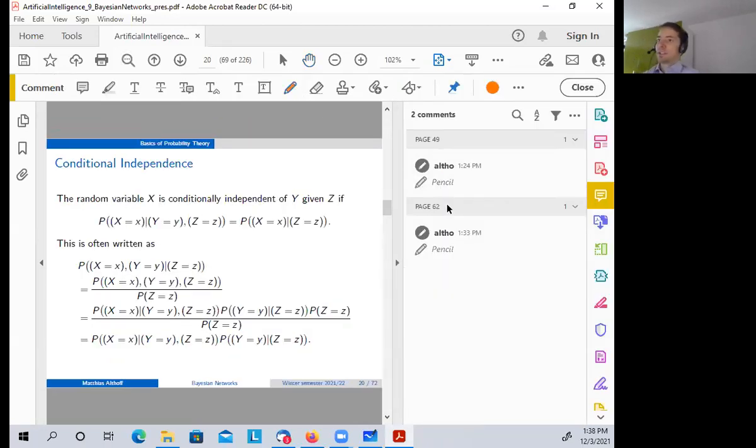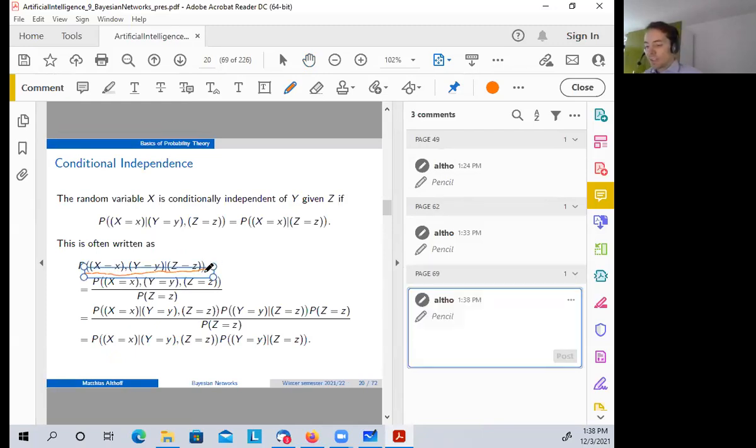So we start with this conditional probability here. And then we just use the definition of conditional probabilities. So we can use the joint probability of X, Y, and Z divided by the probability of Z. So this step is just the definition. And then we use the chain rule.